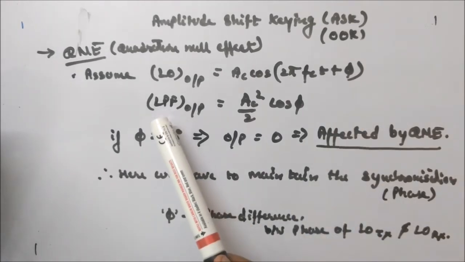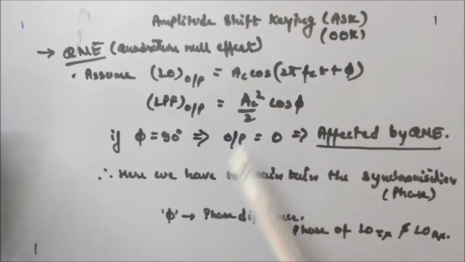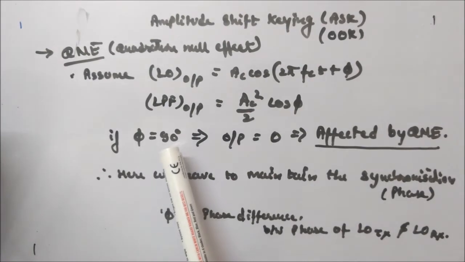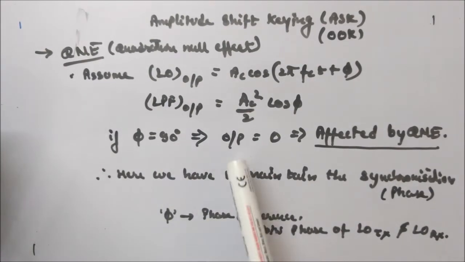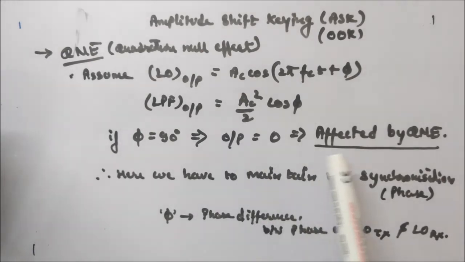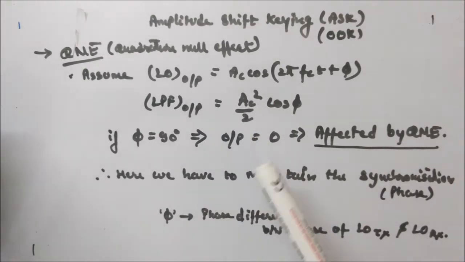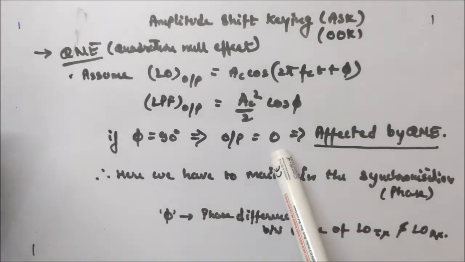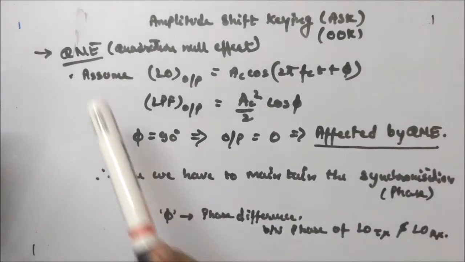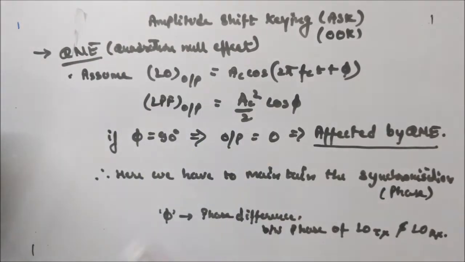Now in this case, your low pass filter output is Ac squared by 2 cos phi instead of Ac squared divided by 2. And if phi is equal to 90 degrees, you will always get 0 at the output of the threshold. This means you won't be able to detect bit 1, and it will always show 0. This is affected by QNE, whose full form is quadrature null effect.